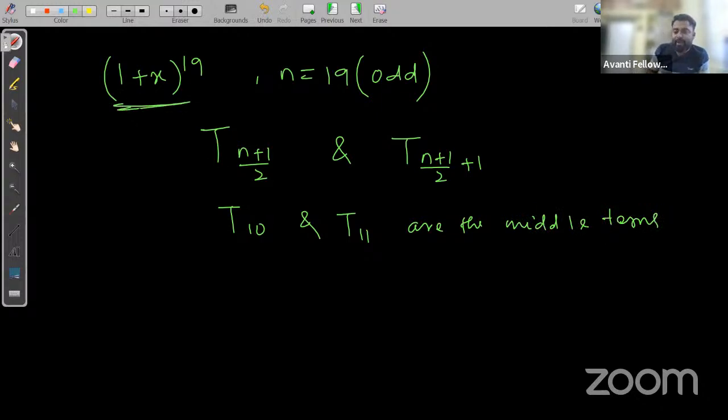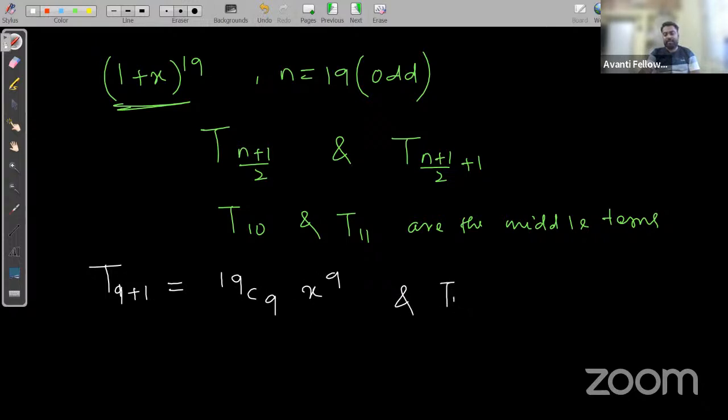So how can we find T10 and T11? Let's find T10 first. T10 is T(9+1), that is 19C9 x^9. And T11, that is T(10+1), is 19C10 x^10.